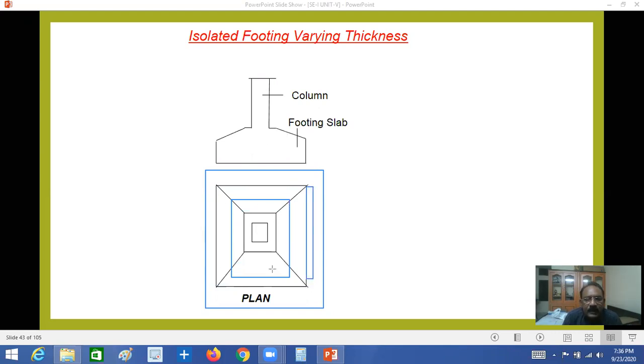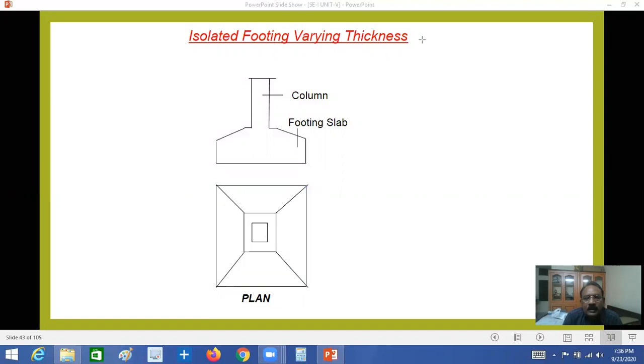This is given and we calculate the moments. See, these are very important types of footings, and I will explain details in the next video. Thank you all. I will end this session.